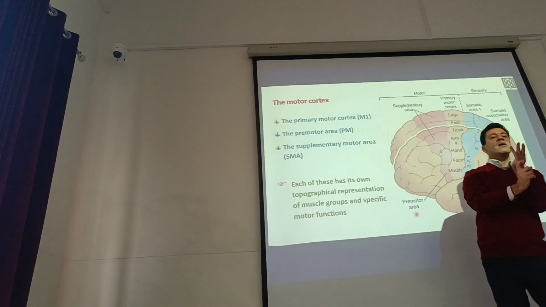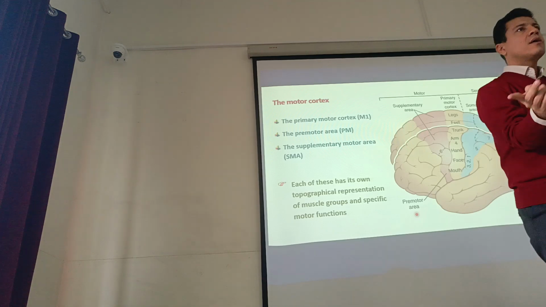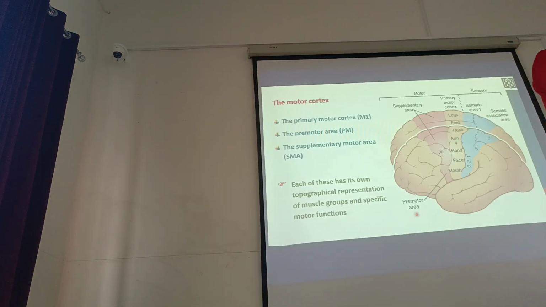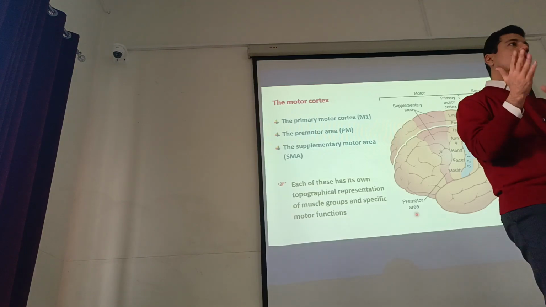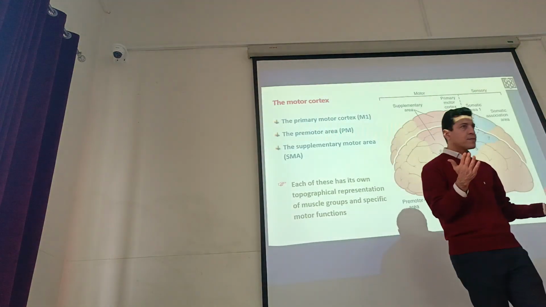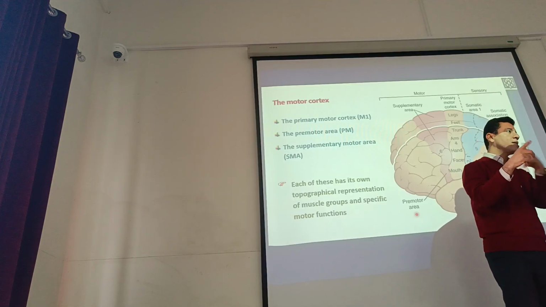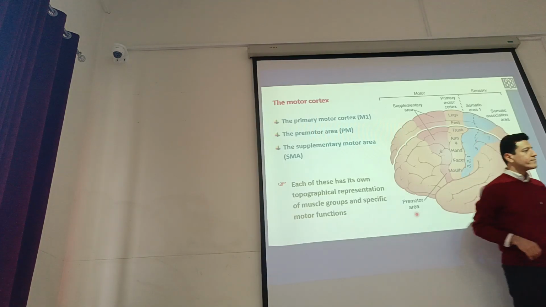So we have the primary motor area, premotor area, and supplementary motor area. All of them are important for purposeful movements. They are located in the frontal lobe. They cover Brodmann area 4 and 6, right?